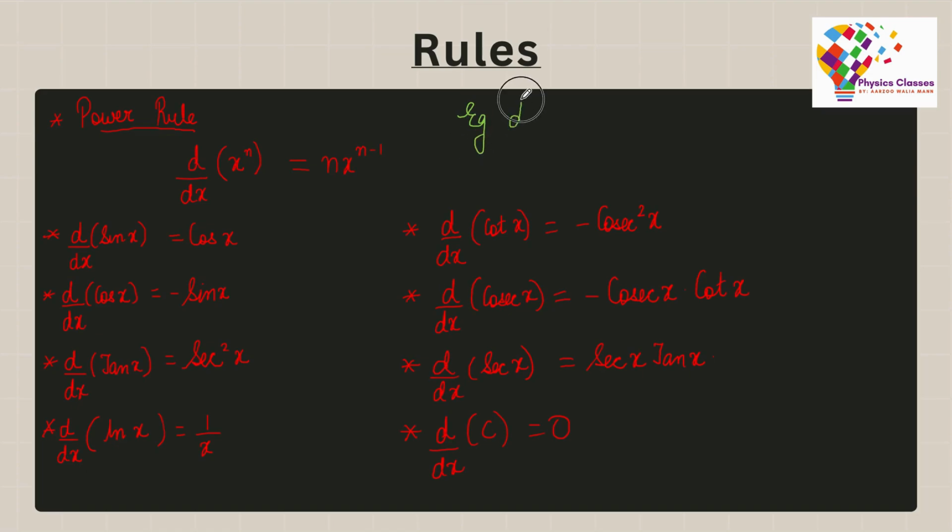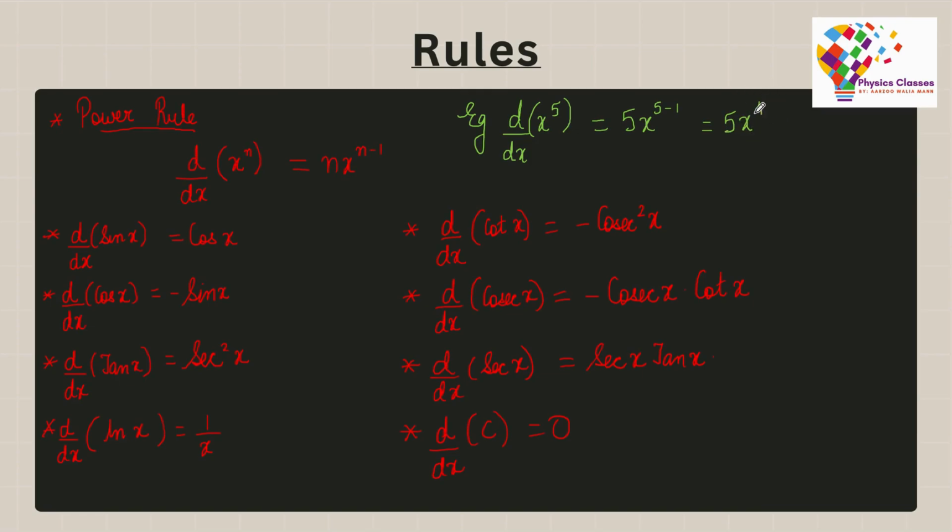Let's say I want to differentiate x to the power 5 with respect to x. So d by dx of x to the power 5 would be equal to 5 into x to the power 5 minus 1. So n over here is 5. I'm just substituting directly in the formula, 5x to the power 5 minus 1. That gives me the answer as 5x to the power 4.